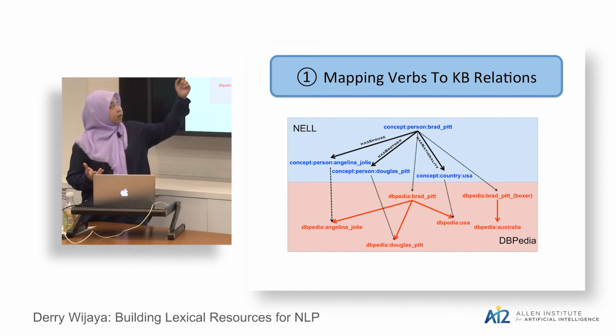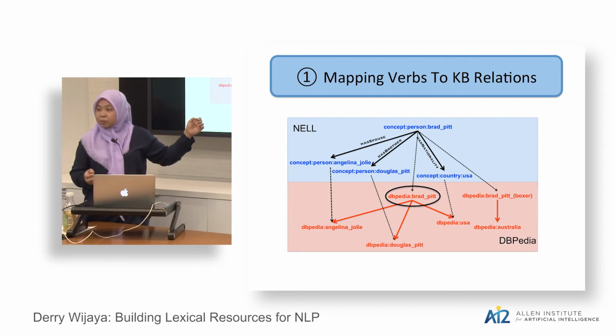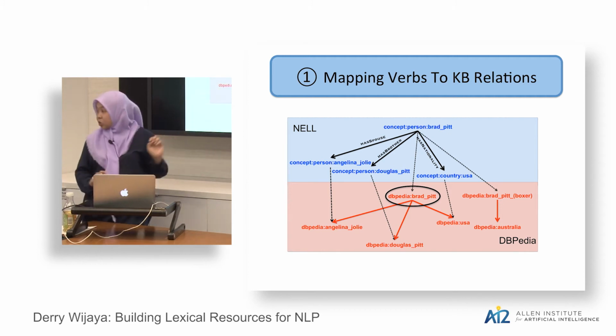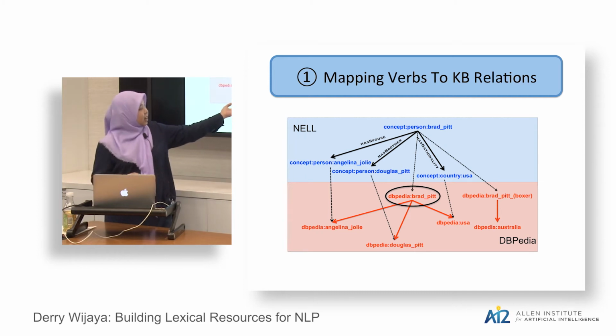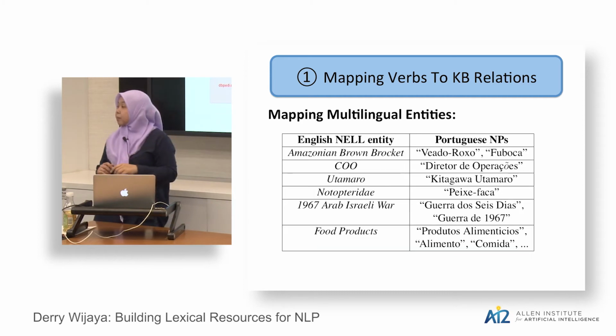So for example, given this particular Brad Pitt in NELL that has links to Angelina Jolie and so forth, we can use personalized PageRank to find that it is actually Brad Pitt the actor, because it also has links to the same entities that connect back to the entities in the NELL knowledge base.